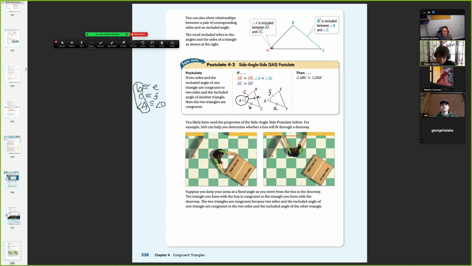That is a key. The two sides will have different names than the angle because the angle refers to the opposite side's name. If you don't understand that, we're going to talk about it some more. But it's important to understand that the two sides have different names than the angle that is included.